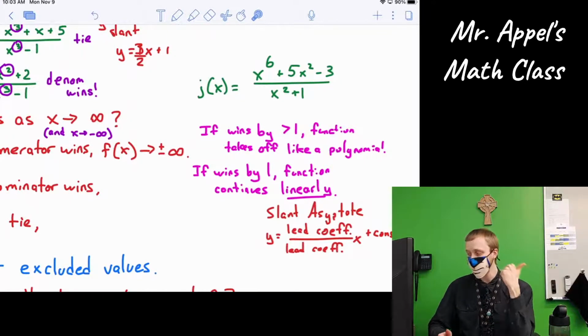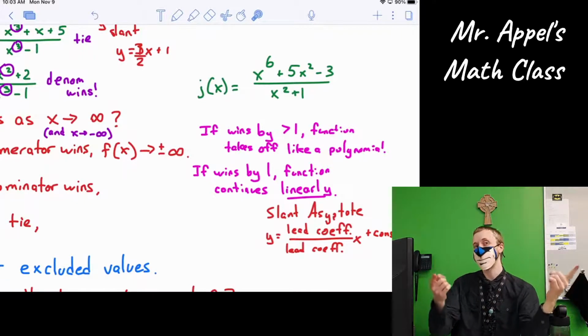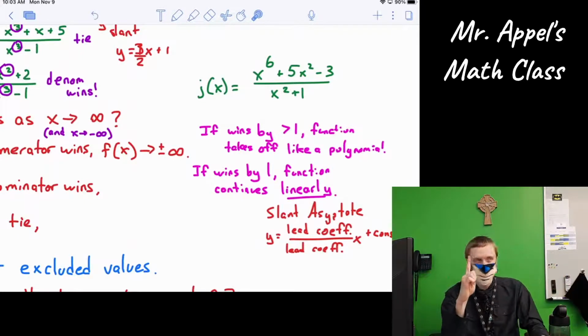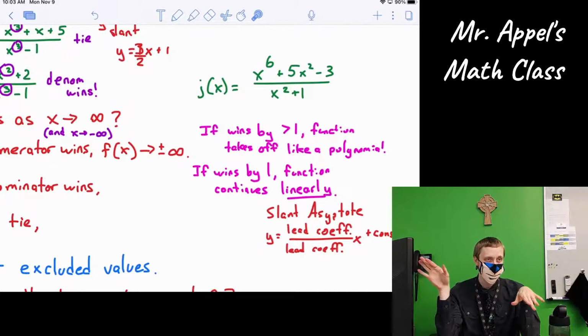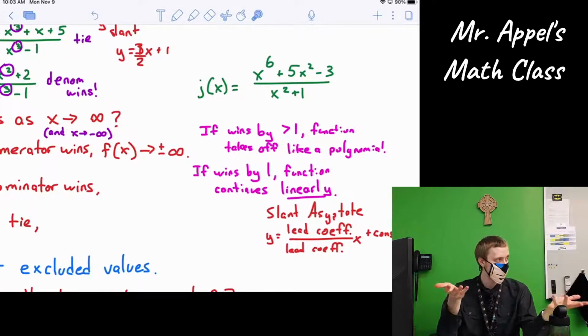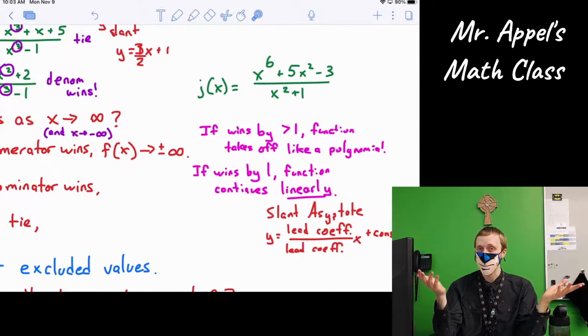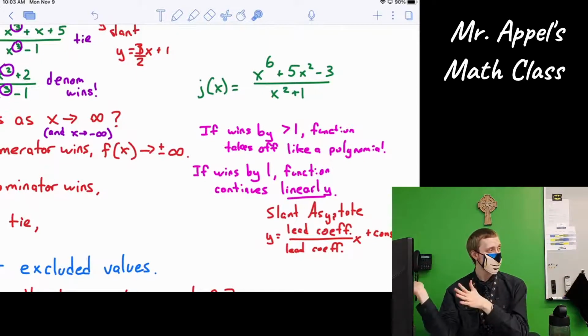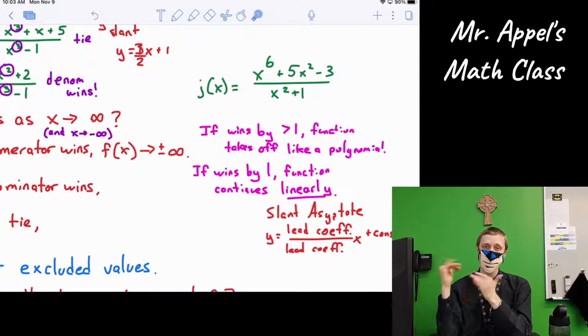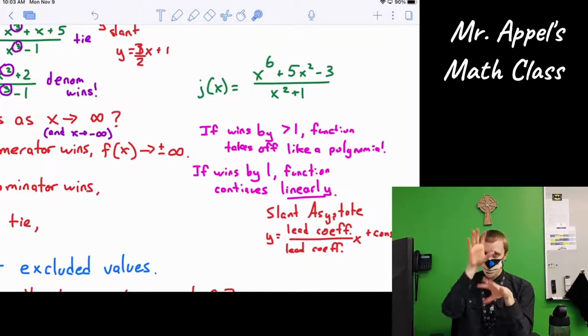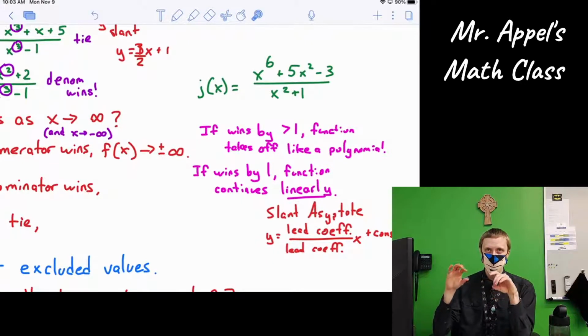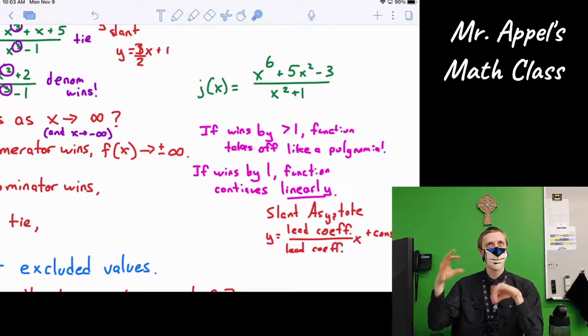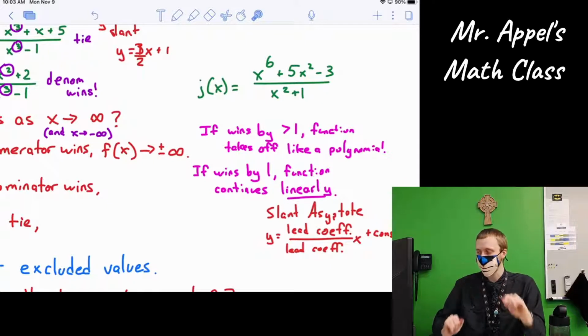If the numerator wins, you've got to do a second check. Wait. Wins by how much? Because if it only wins by 1 power, you have the slant, the most complicated option. If it wins by more than 1 power, remember that at x equals 1,000,000, it will resemble the reduced function of the lead coefficients, or the leading terms.